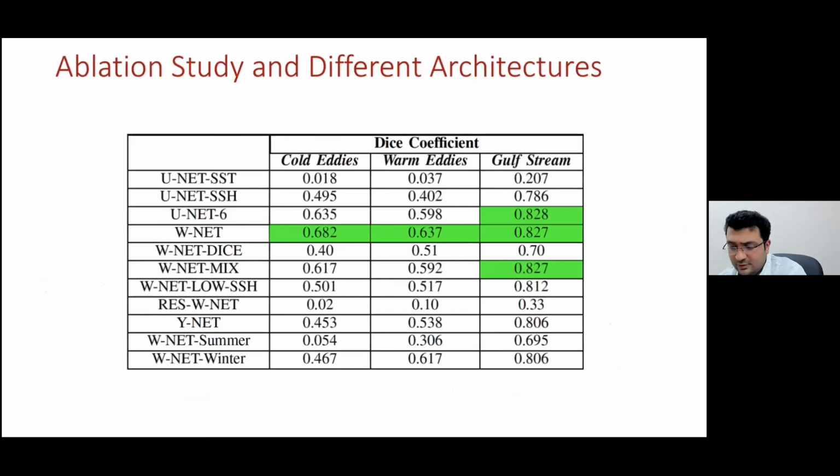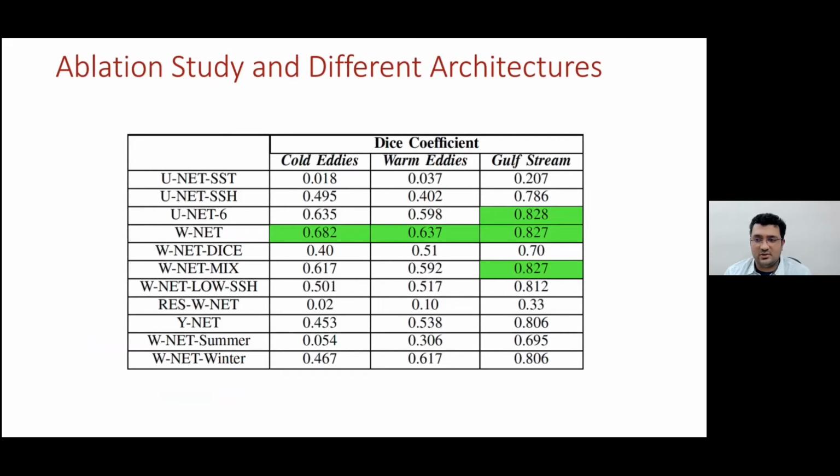Before we came to this network, we did a lot of ablation studies on different architectures. We started with a simple unit SST, a simple unit SSH, and a 6-channel unit, where SST and SSH both are given. And we were estimating the accuracy of getting cold eddies, warm eddies, Gulf Stream, etc. A lot of other architectures were done, and you can see several were added after the reviewers asked, right?